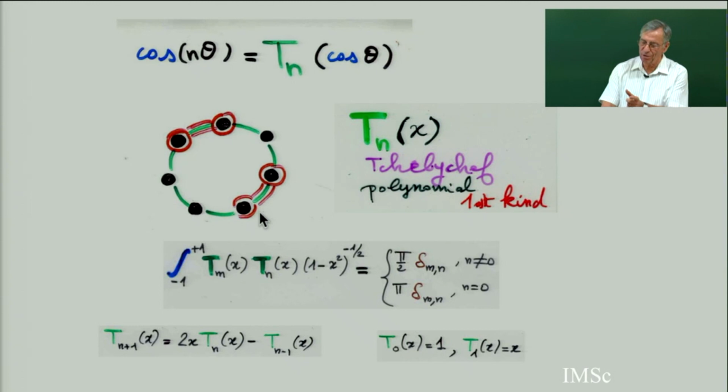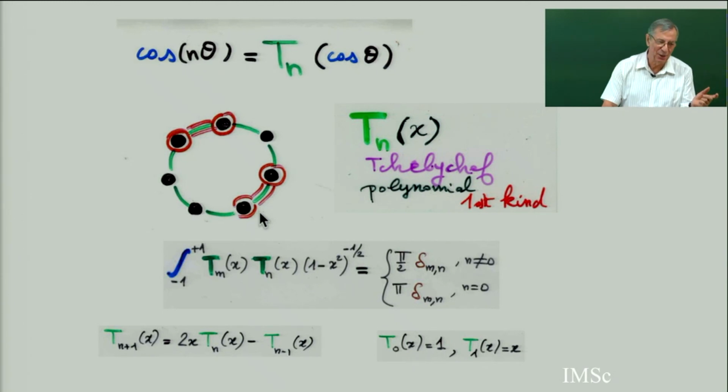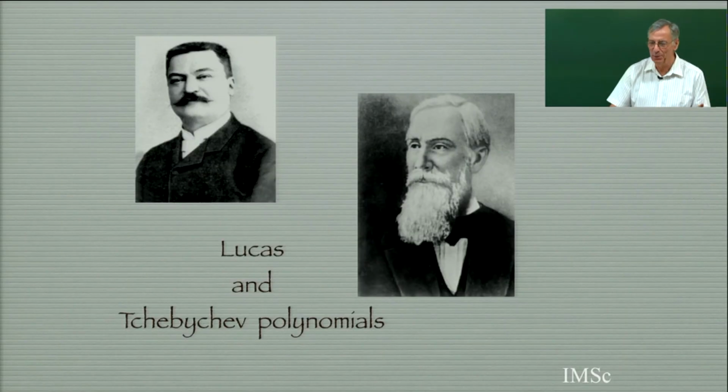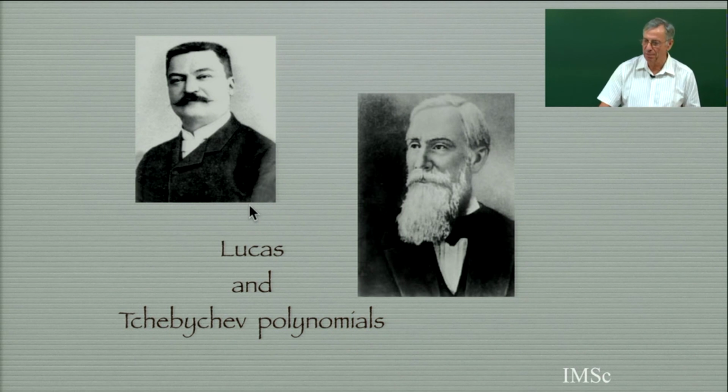So we have seen that Chebyshev is related to Fibonacci. So what is the analog of Fibonacci for Chebyshev first kind? The analog is Lucas. There are Lucas polynomials, Lucas numbers, and this is exactly the analog of the Fibonacci polynomial.